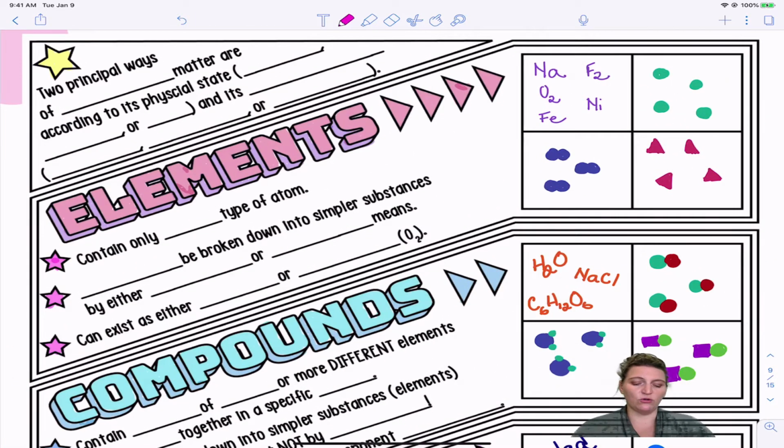And if you look at the doodle notes here, we have the question: what are the two principal ways that we can classify matter? The first way is by what state it's in, solid, liquid, or gas, and then also what it is composed of, meaning pure substance, which could be elements and compounds, or mixtures.